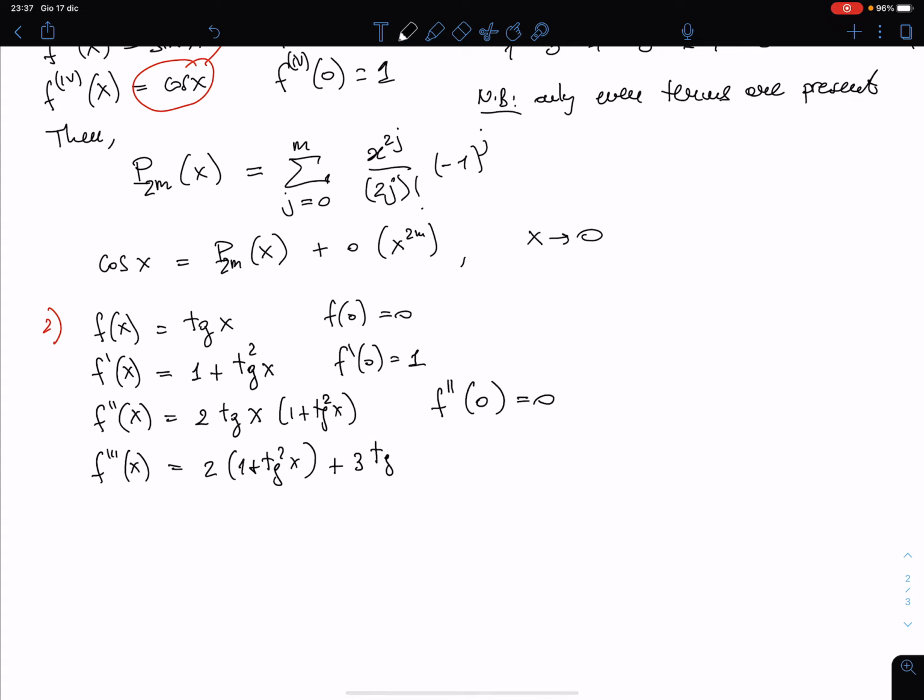Tangent square of x, and here 1 plus tangent square of x.